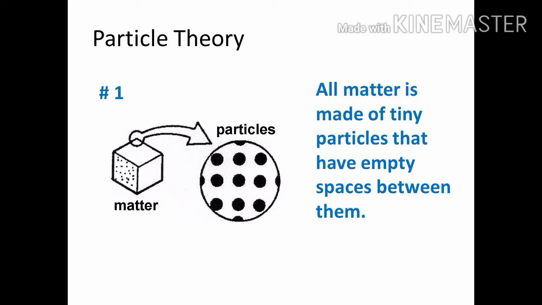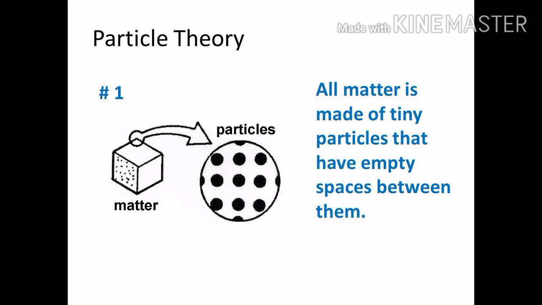If we put a single dot on a white piece of paper, that dot is made up of perhaps millions of particles joined together. Today, in detail, we will talk about the arrangement of the particles.